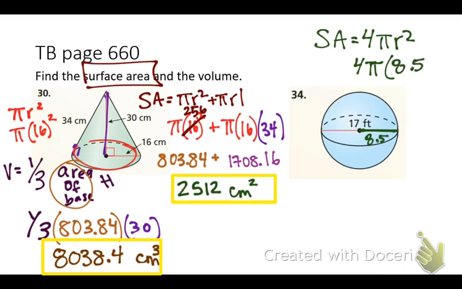So this one you could type in as is. 4 times 3.14 times 8.5 times 8.5. You doing okay back there? You get 907.46. And that would be feet squared because it's surface area.